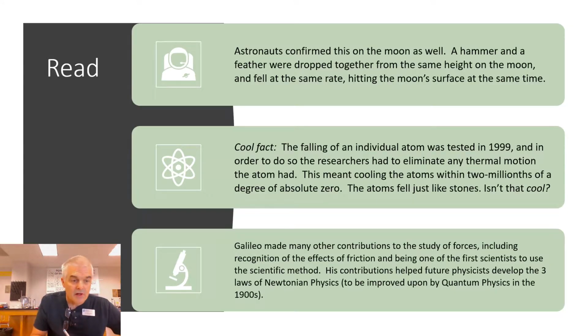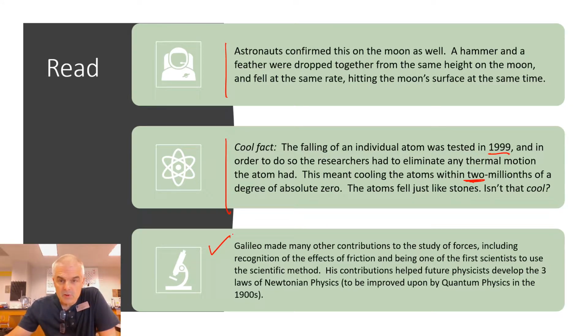Astronauts confirmed this on the moon when they dropped a feather and a hammer. Another cool fact is that an individual atom was tested in 1999, and they had to cool it to about 2 millionths of a degree above absolute zero to neglect the air resistance, but it also worked. And some other notes here about Galileo, because he's really super awesome. Take a moment to read this.